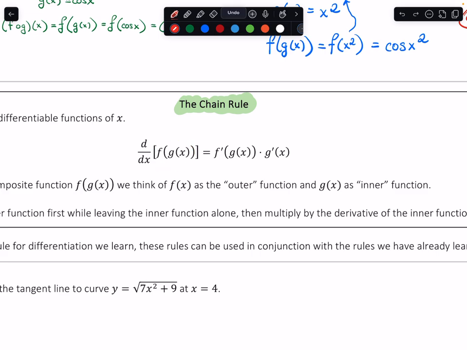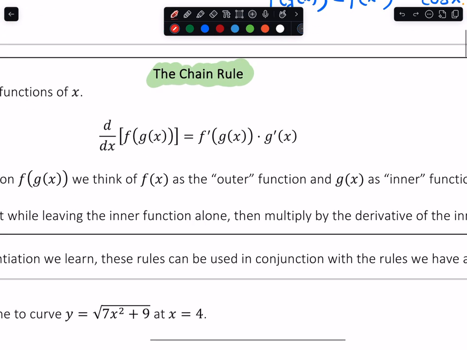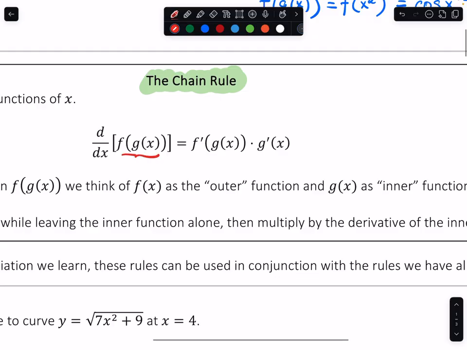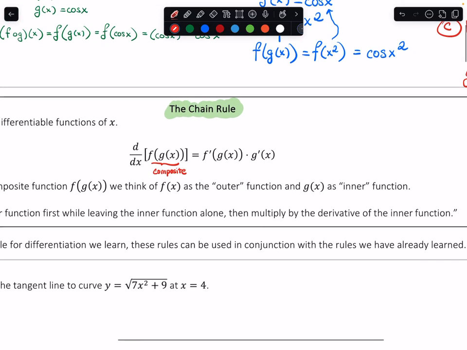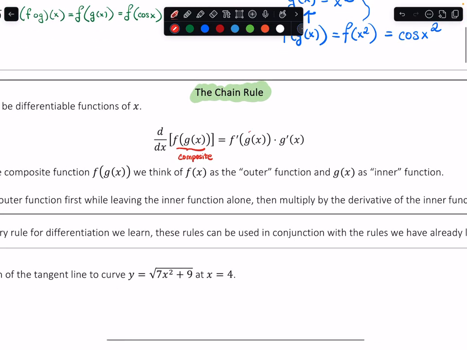So you have the derivative of f of g of x. This is a composite function. If you are differentiating a composite function, you need what is called the chain rule. On the other side, you see what you get. It's f prime of g of x times g prime of x.